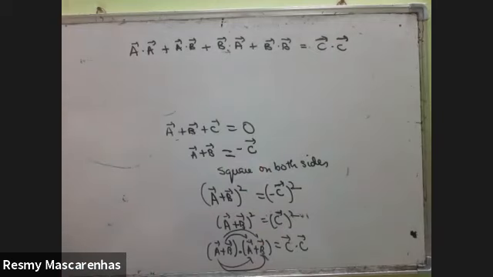Now I've told you a bar dot b bar is always same as b bar dot a bar. It's like a into b is same as b into a. So what I'll do, I'll make it as ulta.